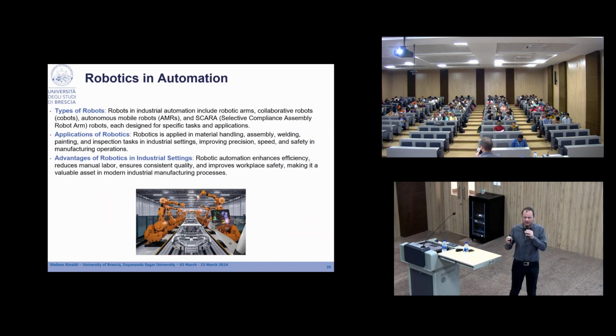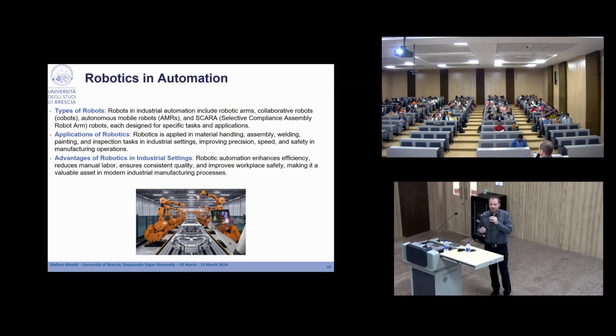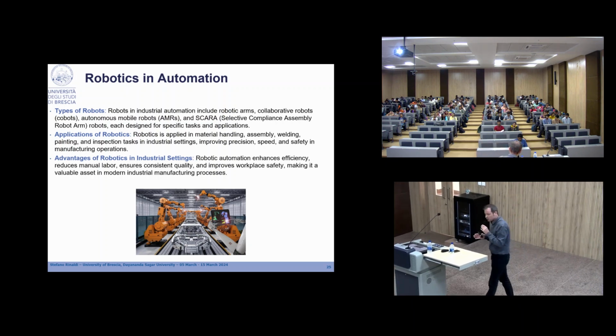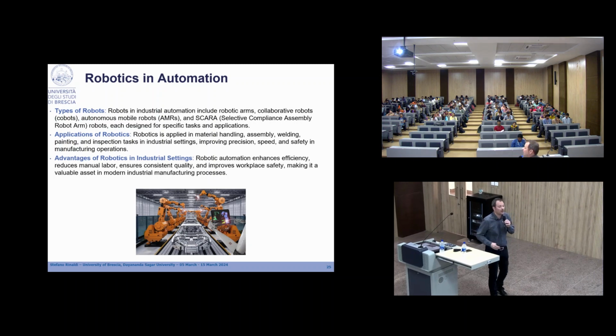But the question that you probably have is: what about robotics, the robots? Because till now, I never spoke about robots in industrial plants. Of course, in industrial automation, nowadays, we use a lot of robots in industrial plants.